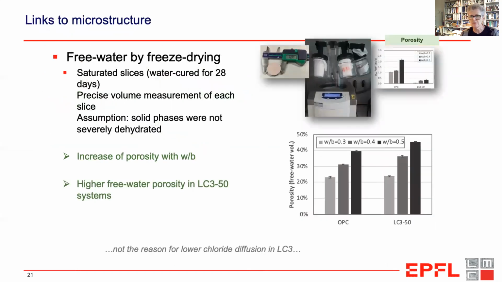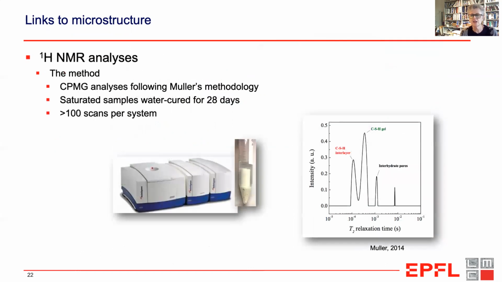So in this case, we used a number of other methods to look in more detail particularly at the pore structure. We looked at the total porosity. We see basically the total porosity in the OPC systems is pretty much the same, if not a bit lower than the porosity in the LC3 systems. Of course, the pore size distribution could be different. So we looked at that using this proton NMR technique, where we can divide the different pore populations into C-S-H gel, hydrate pores, and capillaries.